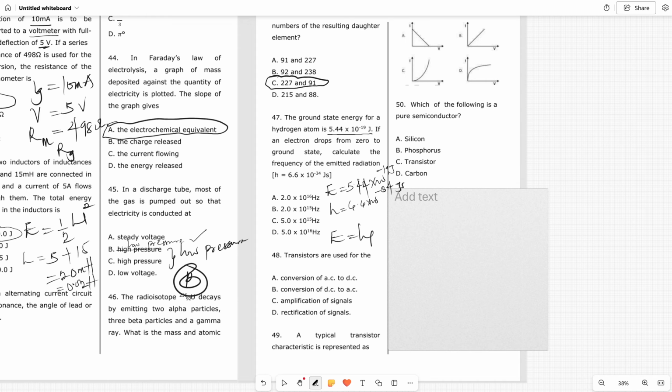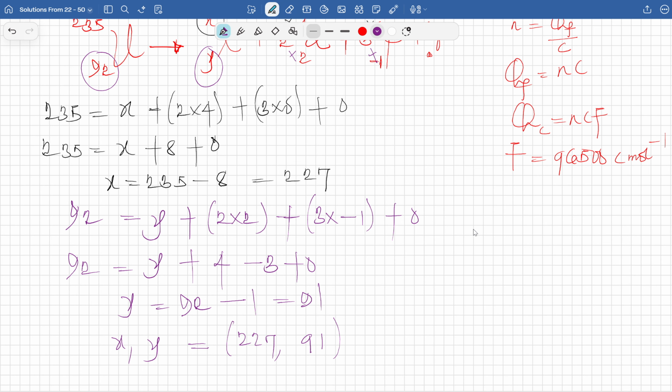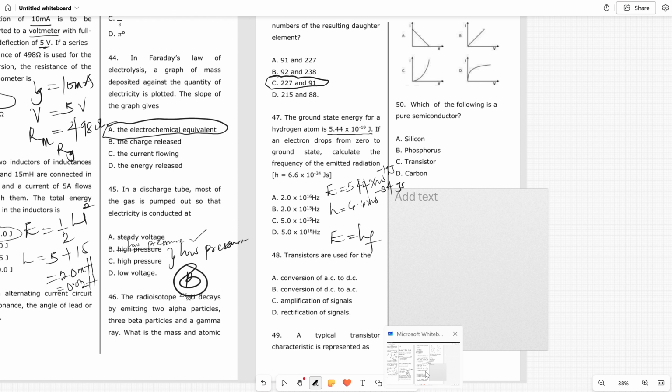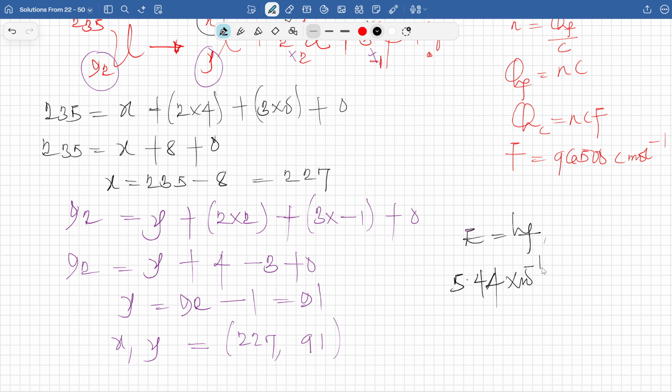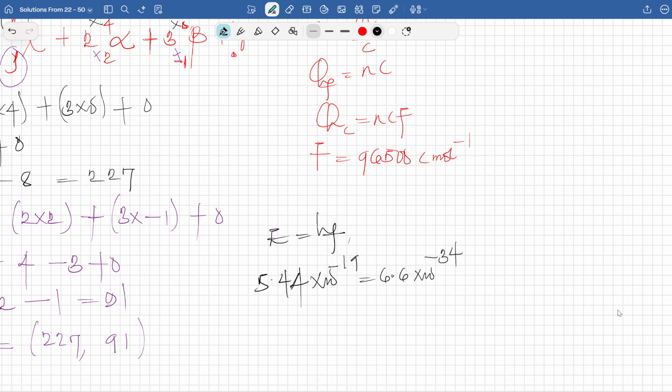So you simply use this equation, E is equal to hf. You have 5.44 times 10 to the negative 19 is equal to 6.6 times 10 to the negative 34 times f.